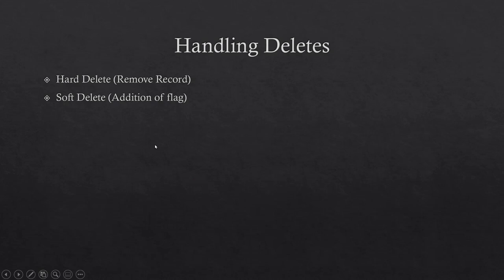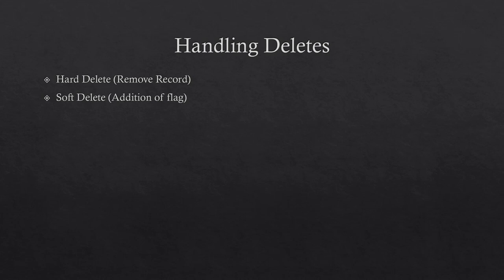First of all, deletes can be of two types. One is hard delete, one is soft delete. Now this is just the way of handling it in our data lake. Sometimes the source may delete the record, but we do not want to delete it in our system. We want to keep a track of it. Then what we do is we do not actually delete the record.